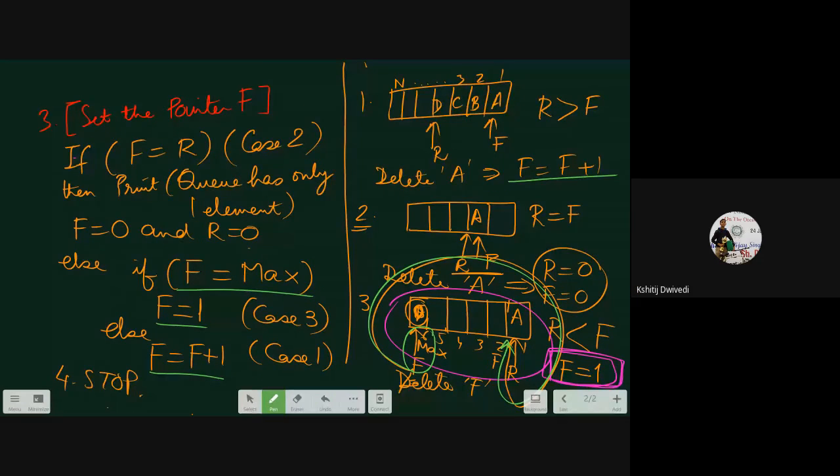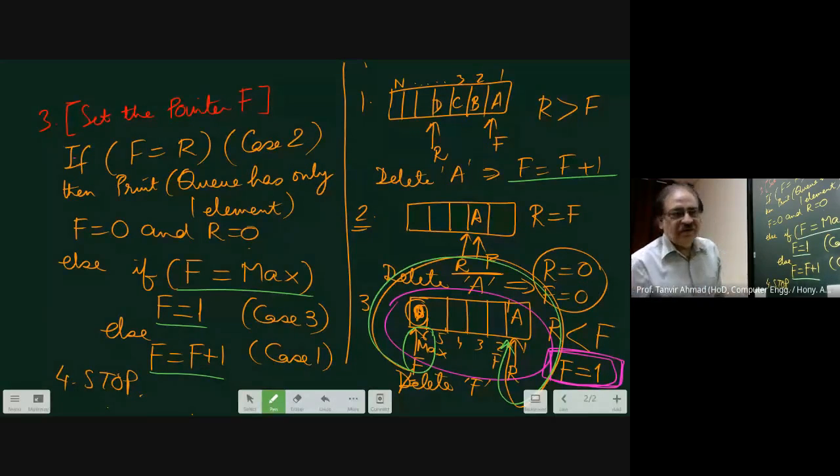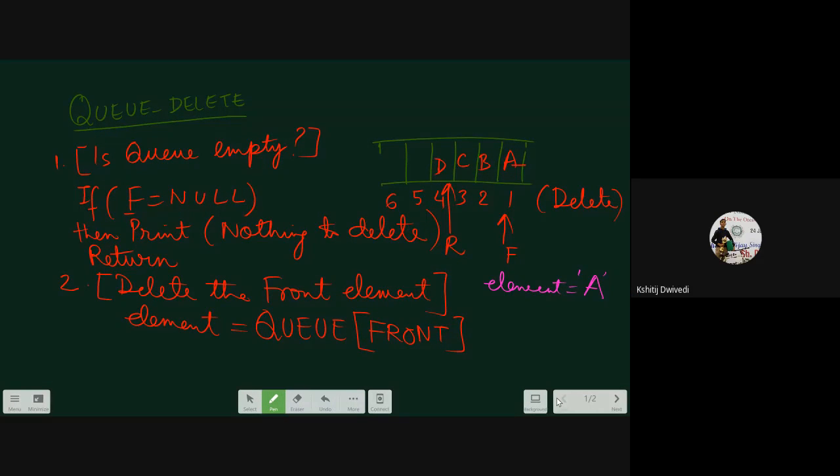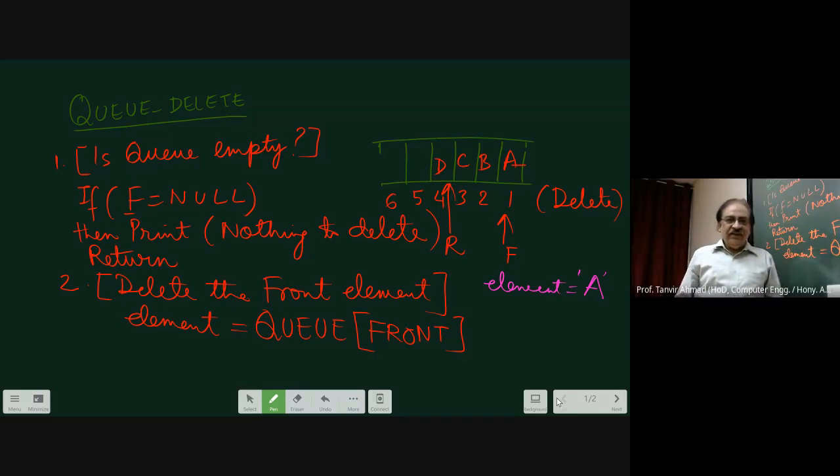Sir, regarding case 2, when we initialize a Q, we put front equals to rear equals to null. So suppose the Q is empty, then also we have front equal to rear. Correct? See, but here I already checked it in condition number 1.